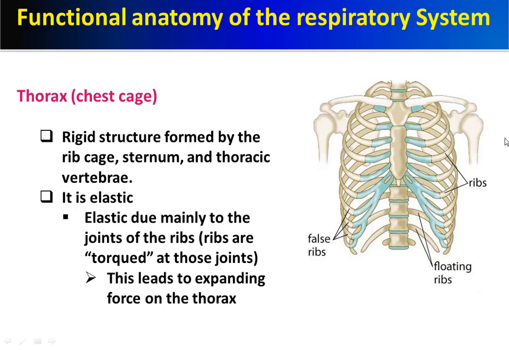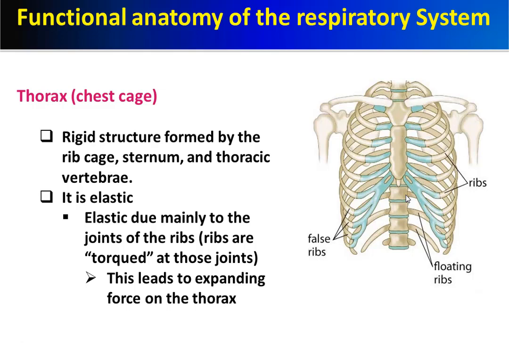So what is the thorax or the chest cage? The thorax or the chest cage is formed by the rib cage, these are the ribs, and the sternum anteriorly, and the thoracic vertebrae posteriorly.